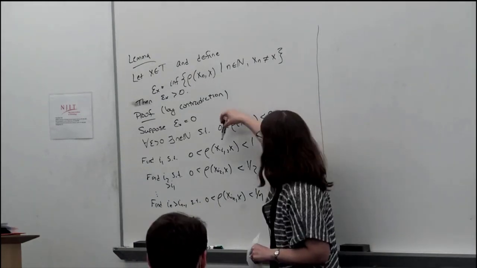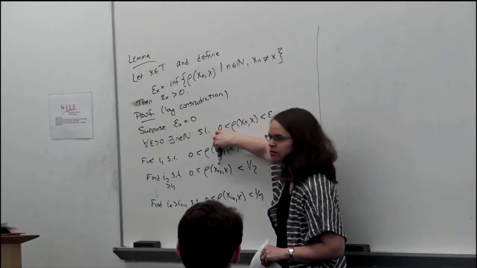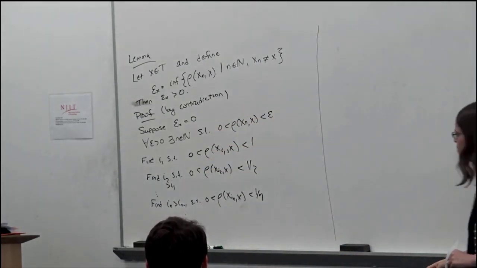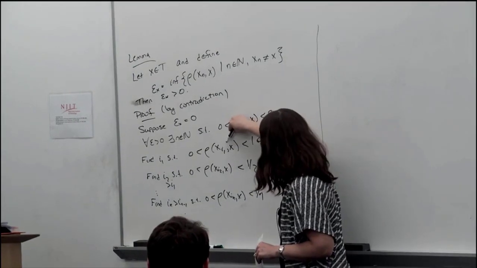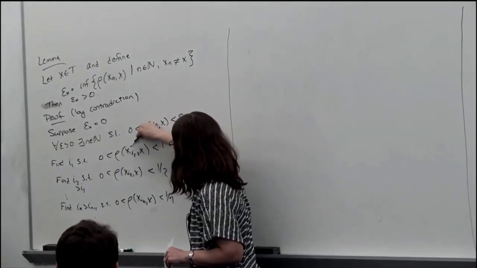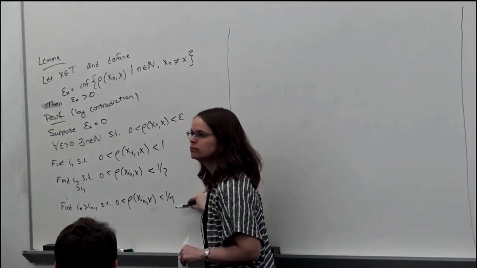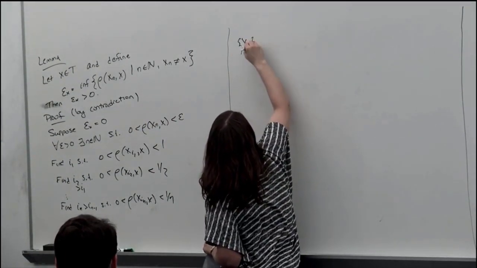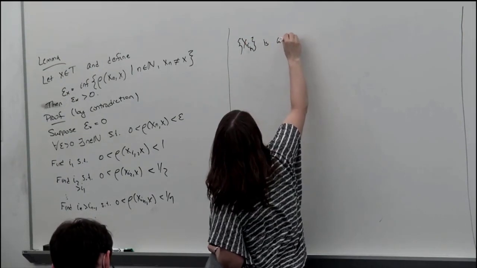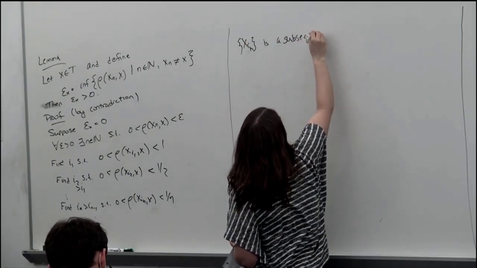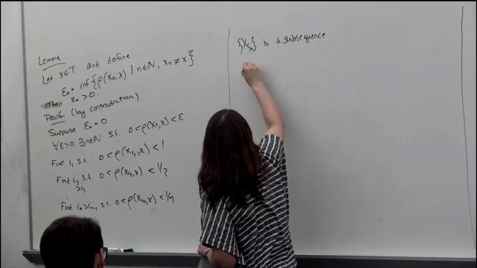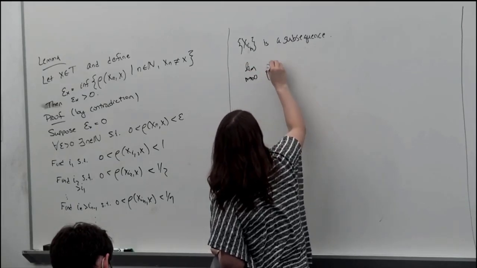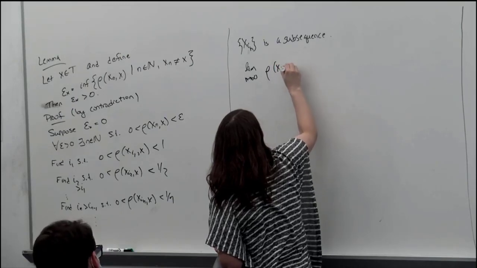Well, now I've just built a subsequence: x_(i_1), x_(i_2), x_(i_3), up to x_(i_n). That's just a subsequence of my original sequence. And we see that the distance between points in my subsequence and x is converging to 0. So x_(i_n) is a subsequence, and we know that the limit as n goes to infinity of the distance between x_(i_n) and x equals 0.